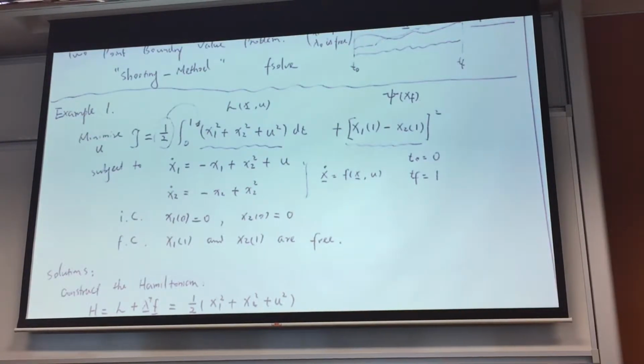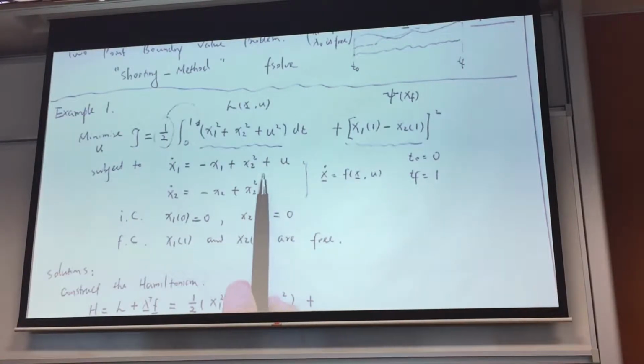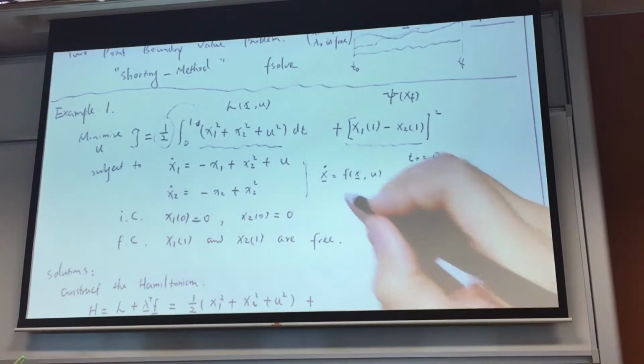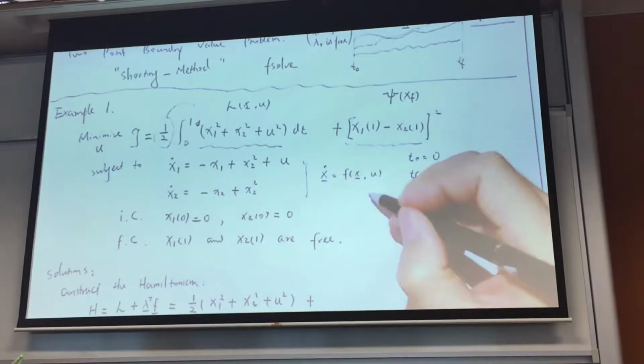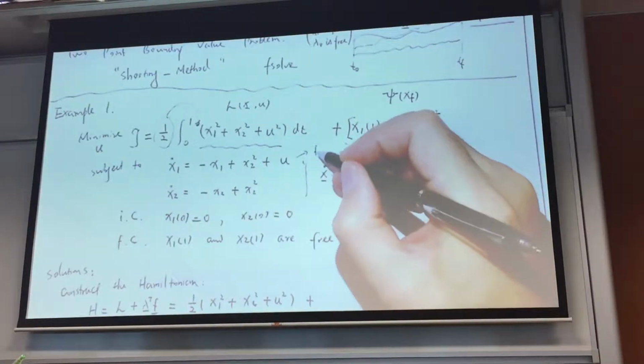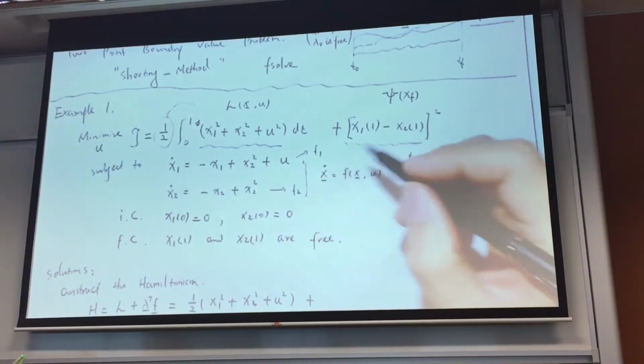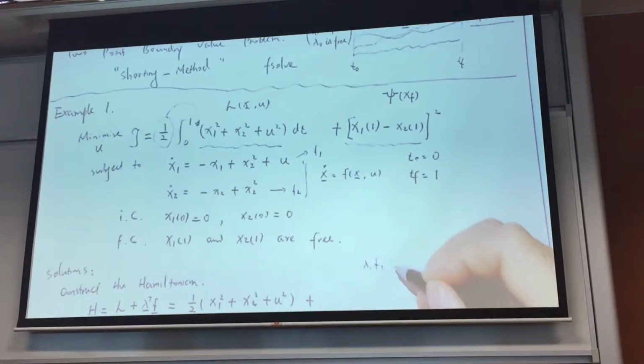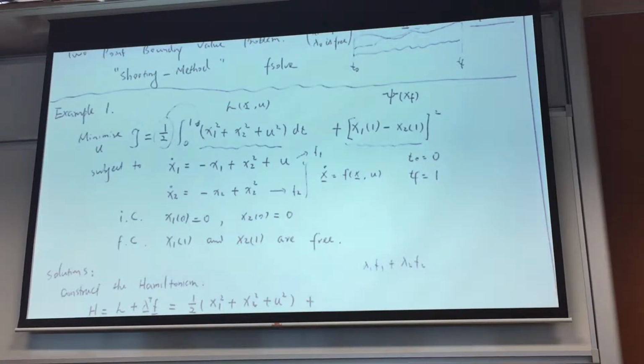For lambda transpose f, because we have two functions, f1 and f2, we need two Lagrange multipliers. So we require lambda 1 f1 plus lambda 2 f2 for this product.